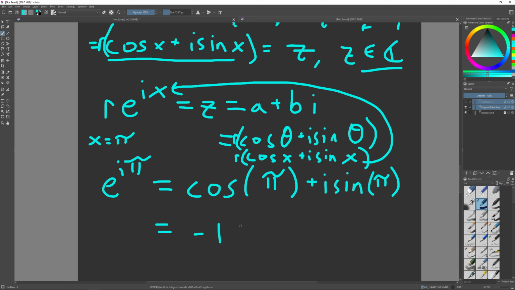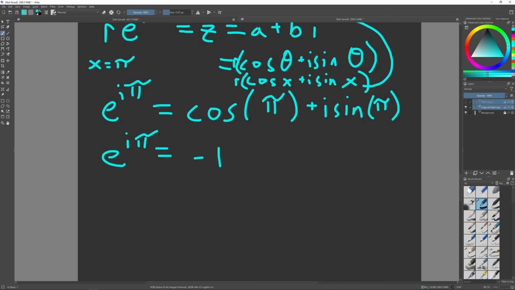Sine of pi is 0. So we get e to the i pi equals -1. And if we add 1 to both sides, we get e to the i pi plus 1 equals 0.